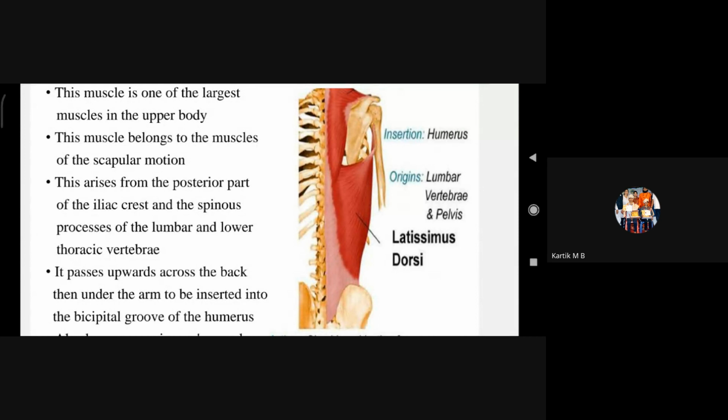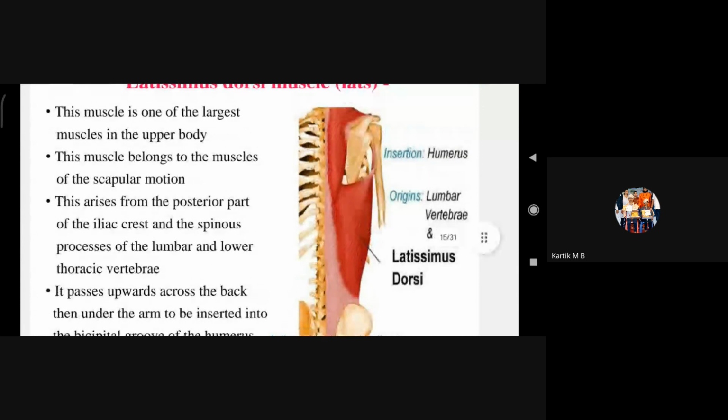Whenever we move our hands, this scapular movement is obvious. The scapular movement belongs to this latissimus dorsi muscle. This muscle is one of the largest muscles in our upper body.